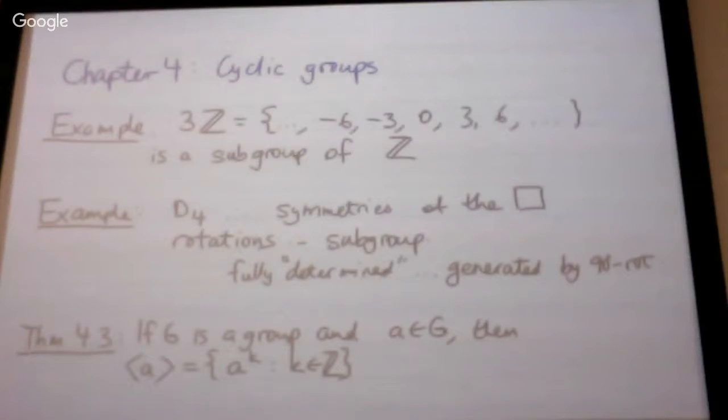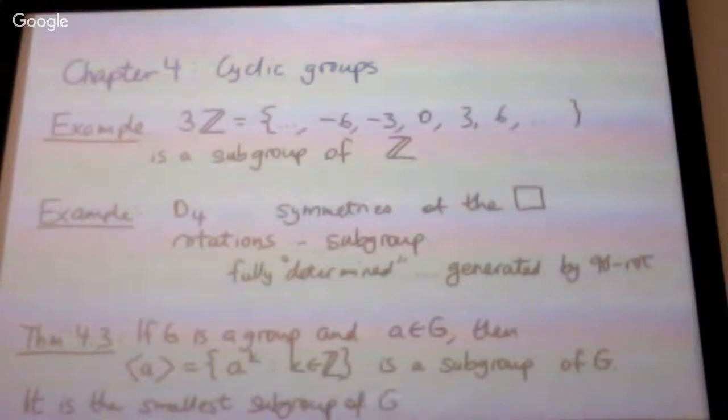So this is a subgroup of G. And then it also says that it is the smallest subgroup of G containing A. Among all the subgroups of G that contain A, that's the smallest one.